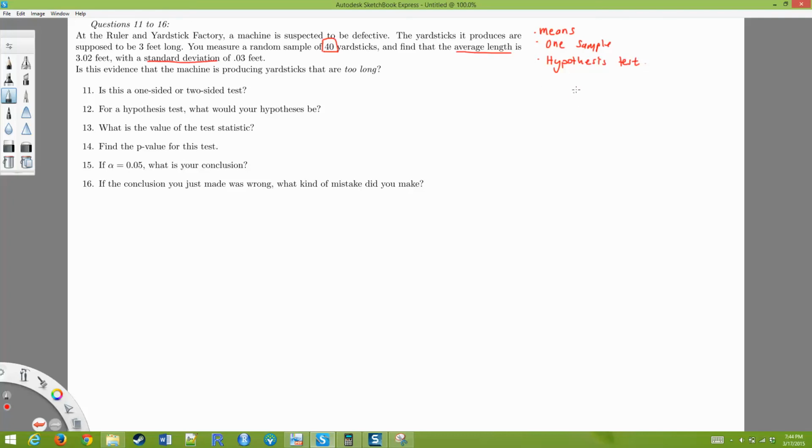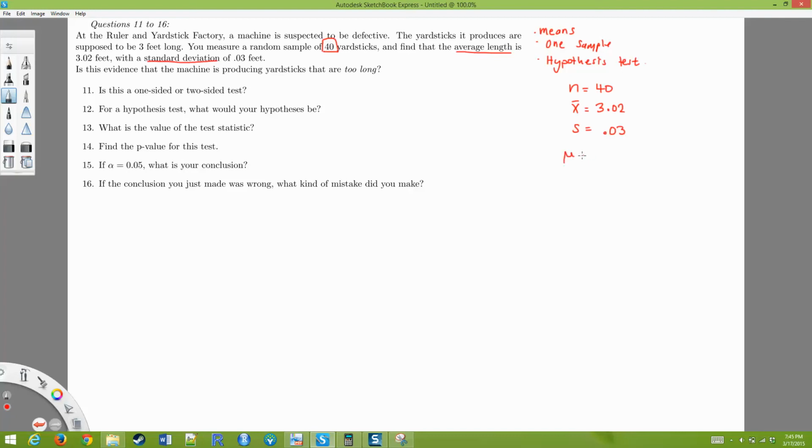Okay, well, let's list off the data that we have. We have an n. What is our n? 40. We have an x bar, and what is that? 3.02. We have an s, 0.03. And for our hypotheses, we need an H0. Or, I'm sorry, not an H0, a mu0.